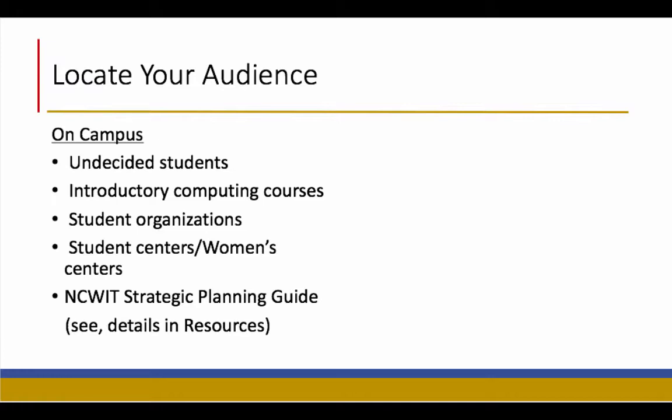You may have students who are upper level or whom you know who are members of student organizations, and ask them to put posters in student organization rooms or other places on campus. Places like student centers, women's centers, these are really good locations to try and direct your attention to attracting people to your course.